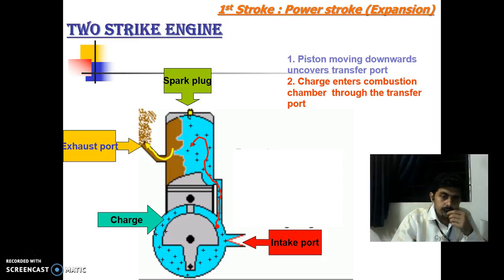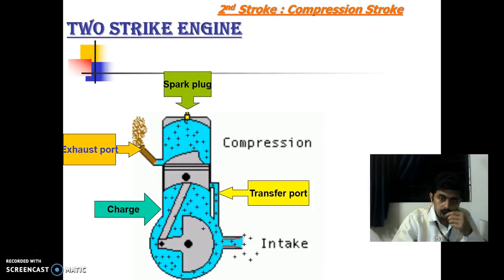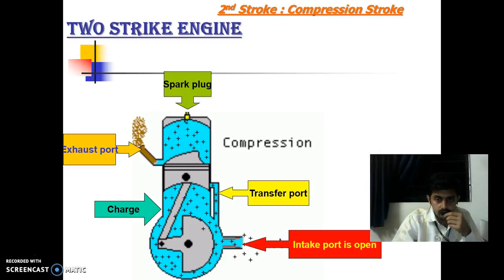Then the intake port is closed, and the piston compresses the charge, and the spark plug is ignited. When the piston moves from BDC to TDC, the intake port opens and the fresh charge gets inside the crankcase.